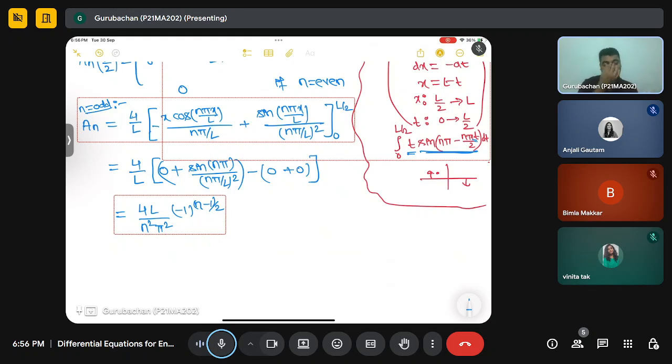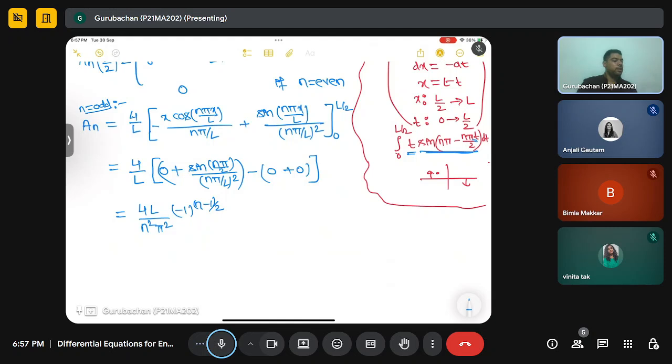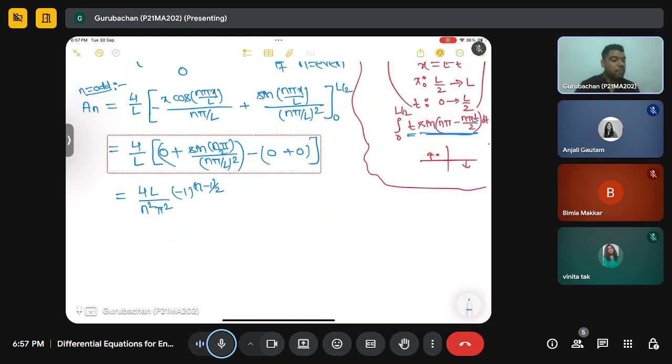I think there is some ambiguity in writing. When you put L by 2, this will be sin n pi by 2. So when your n is 1, then it is sin pi by 2, that is 1. 3 pi by 2, then it is minus 1. When you talk about 5 pi by 2, then again it is 1. Then 7 pi by 2, then it is minus 1. That is why we are using minus 1 to the power n minus 1 by 2.